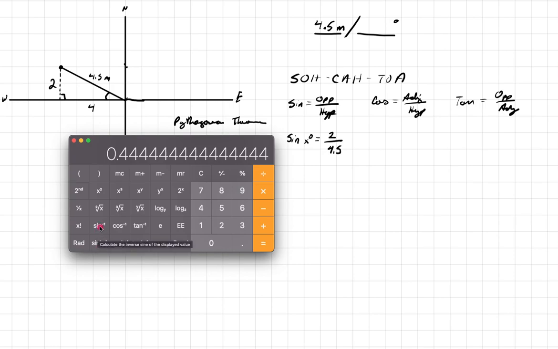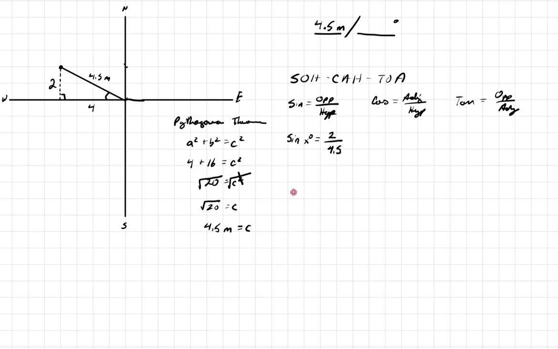We hit the inverse button, and we get 26.387 degrees. This will just round to 26.4, which is going to be a whole lot easier. So x degrees is equal to 26.4 degrees. That is our degree of measure right here.